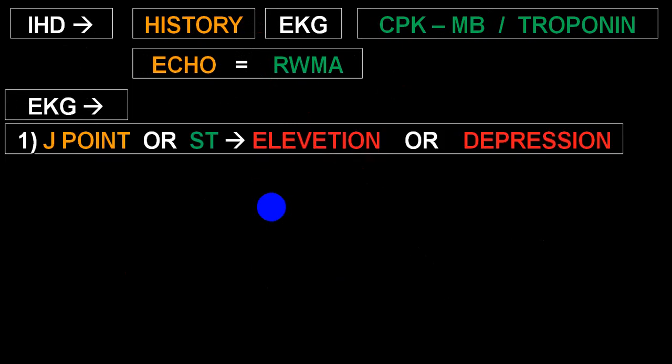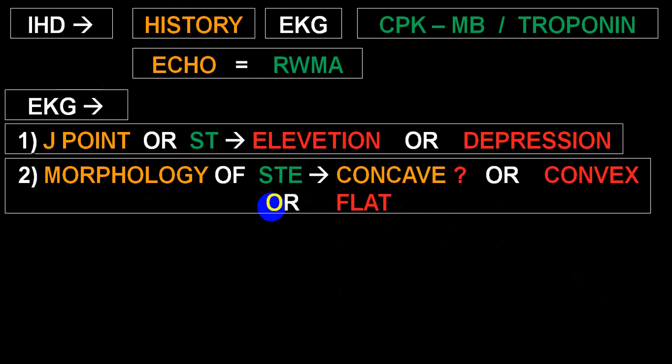You will have to look at the J point, whether there is an ST elevation or ST depression. And then if there is an ST elevation, look at the morphology of the ST elevation, whether it is concave or convex. By and large, convex and flat are in favor of ischemic heart disease, while concave is in favor of STEMI mimics.